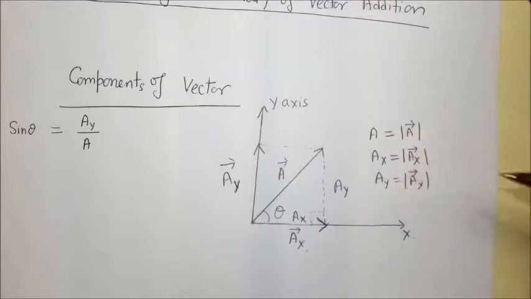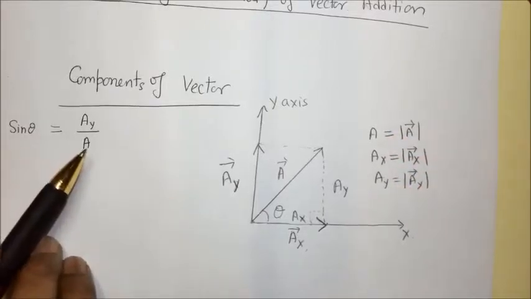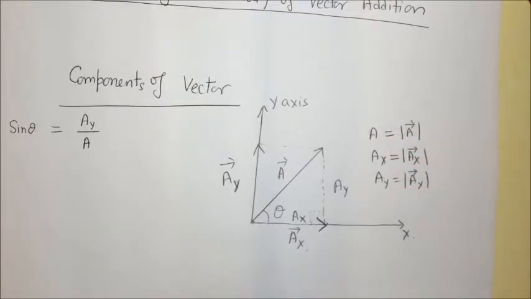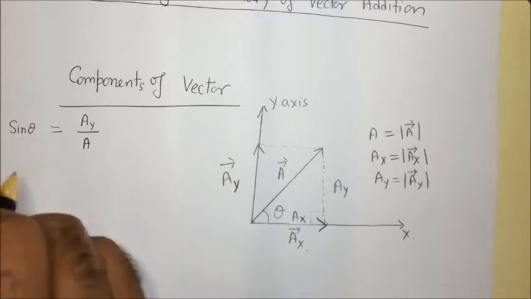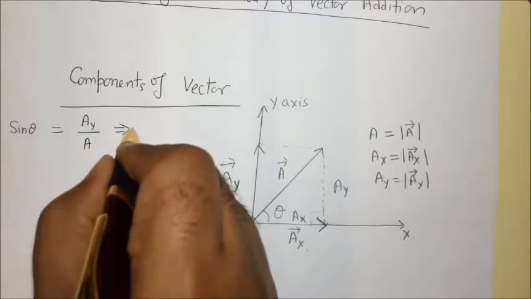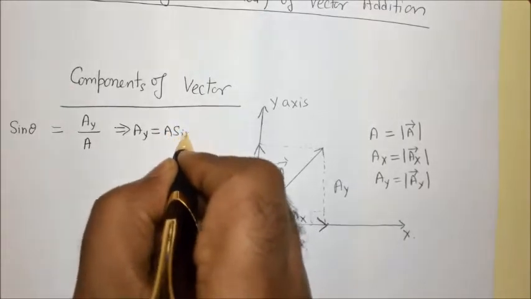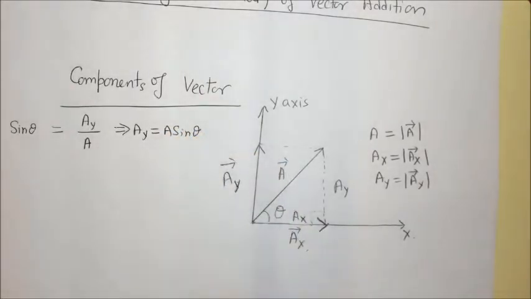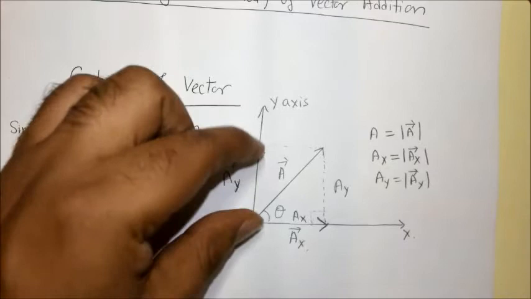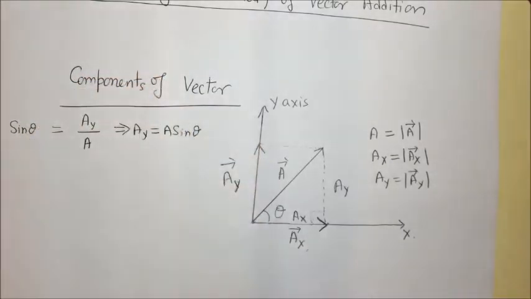So sine theta is equal to Ay over A. If you simplify this, Ay is equal to A sine theta. What is Ay? It's the Y component.